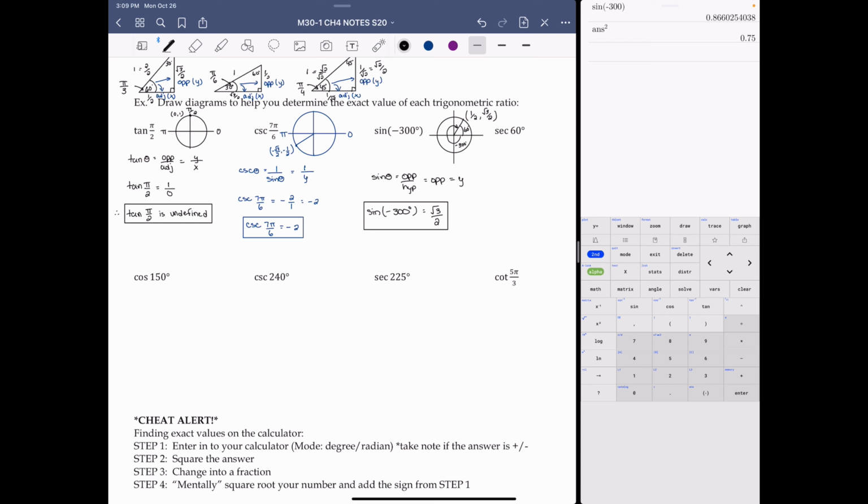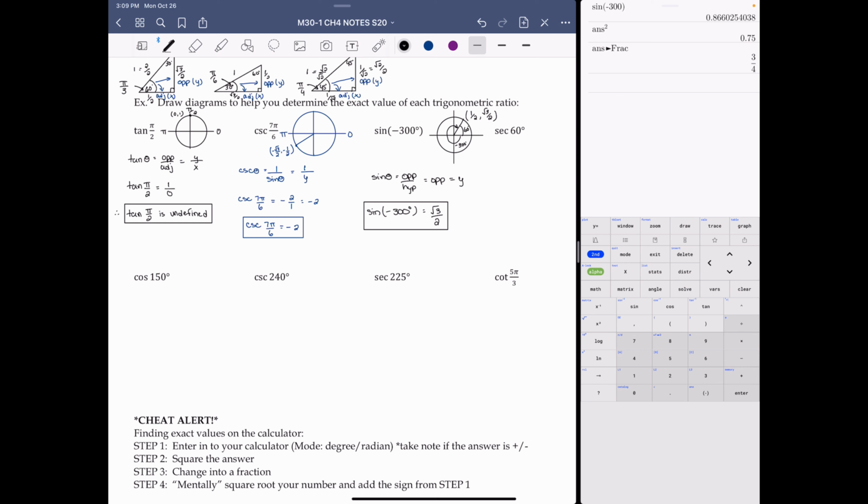Step 3 says change this into a fraction. So Casio users just hit the F to D button, fraction to decimal, and TI's math, enter, enter, changes to 3 over 4. And then it says to mentally square root your number and add the sign from step 1. So if we square rooted 3 over 4, we would get the square root of 3 over, square root of 4 is 2.